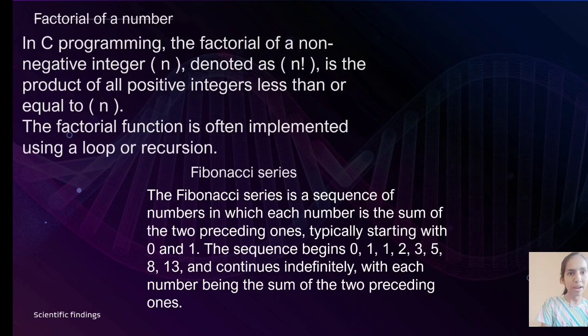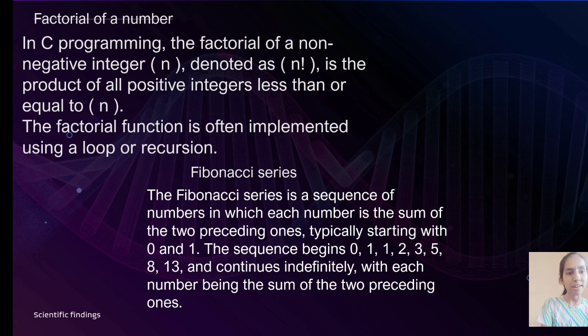Factorial of a number. In C programming, the factorial of a non-negative integer n, denoted as n factorial, is the product of all the positive integers less than or equal to n. The factorial function is often implemented using a loop or recursion. Fibonacci series.